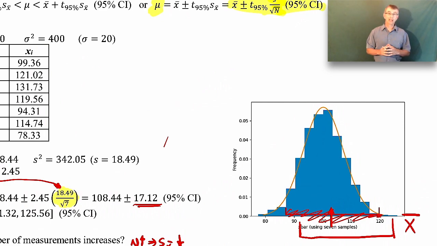Same sort of thing if I had a smaller standard deviation for each trial, then all the sample means would get closer and closer to one another, because there's just less scatter in each measurement, and they would all approach the same values, and they would get closer and closer to the true mean. So the standard error of the sample mean is just a measure of this distribution's breadth, and the goal is to make that narrower and narrower so we get a more accurate reading of the true mean.